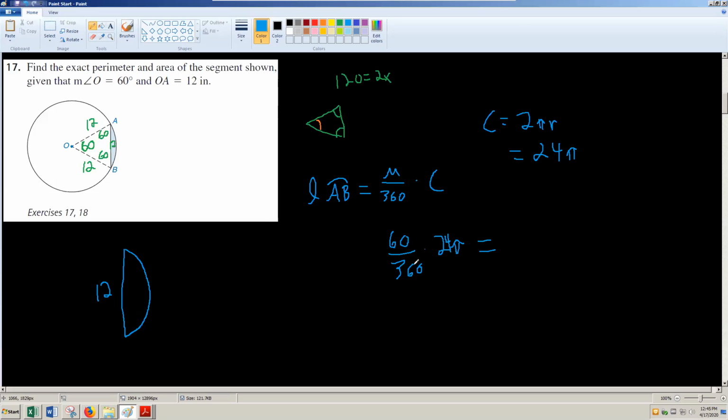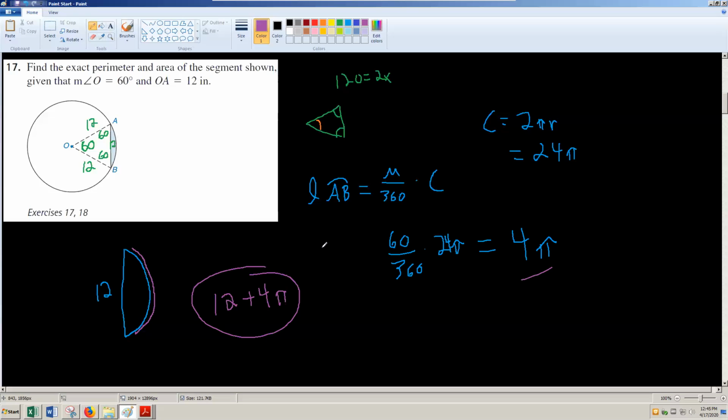And so this is just 1/6. So 1/6 of 24 is 4. This is going to be 4 pi. So the 4 pi part is the arc, and that's right here. So if I want the total perimeter in exact terms, it's going to be 12 plus 4 pi. And I'm good to go.